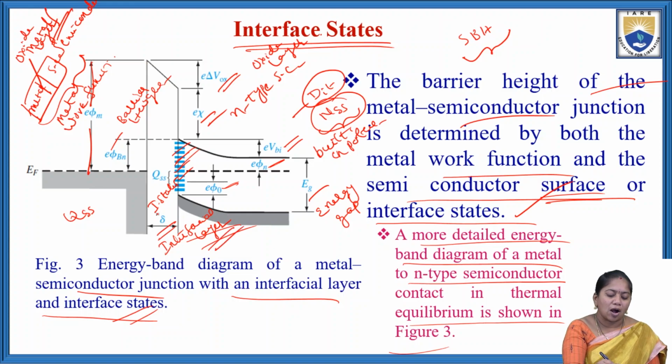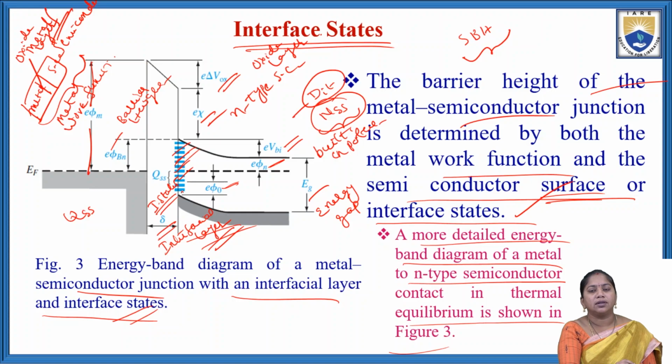So this very thin oxide layer is formed between the metal and the semiconductor during the deposition or fabrication process. This interfacial layer influences the Schottky barrier height, decreasing the experimental Schottky barrier height when compared with the theoretical value.